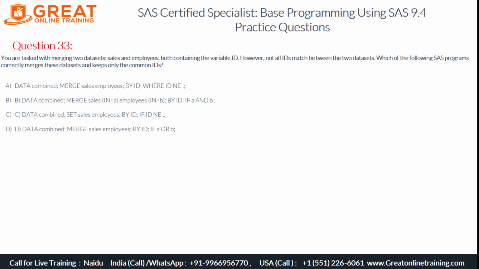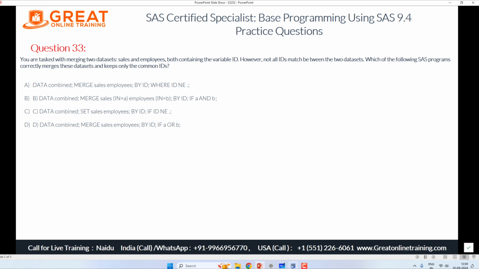And the second option is data combined, merge sales data set and employee data set, and the in option is also mentioned, by the variable ID, and if A and B. This is the same as we have mentioned here.